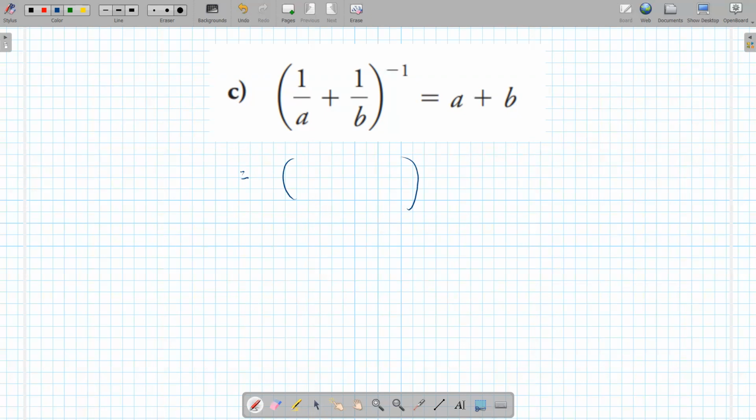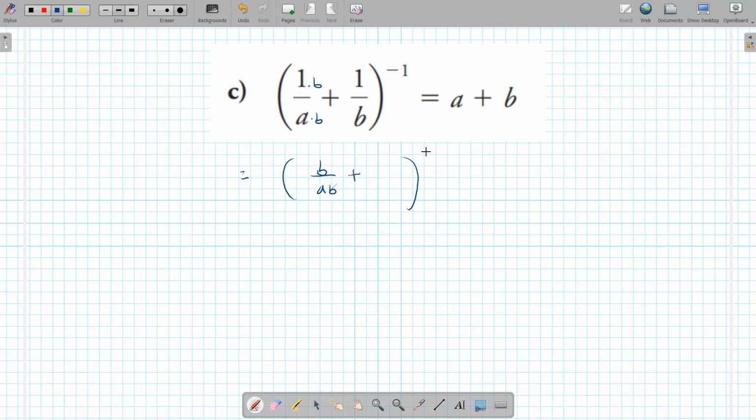That's what LCD is. If you don't know, just multiply them. That would always be right. So the LCD is AB, okay? So you need to multiply this by B, top and bottom. So that becomes B over AB.